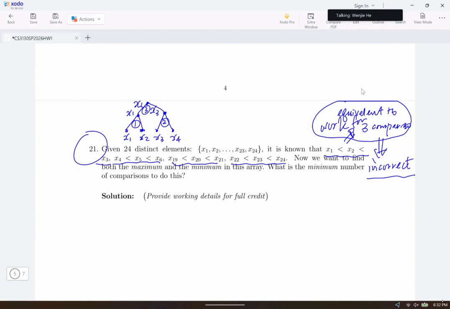Now let's look at how much information we can get from these 3 comparisons. Order the chain: the highest is X1, below X1 we know it is greater than X3, right? Then X4 below X3. And we also know X1 is higher than X2, right?